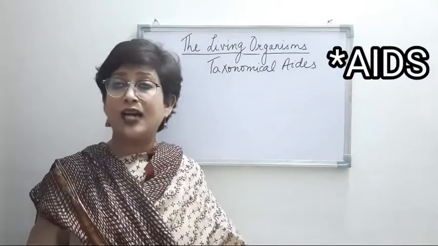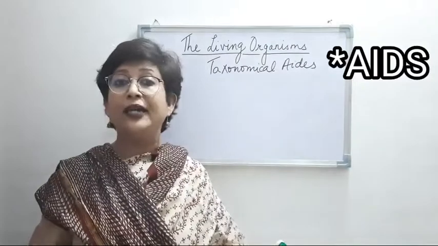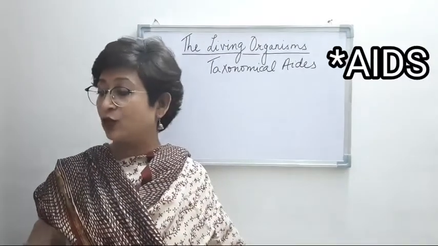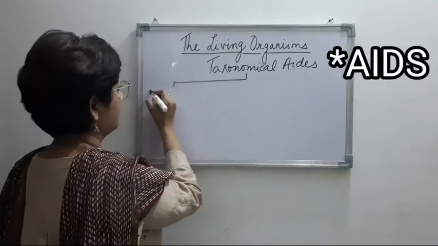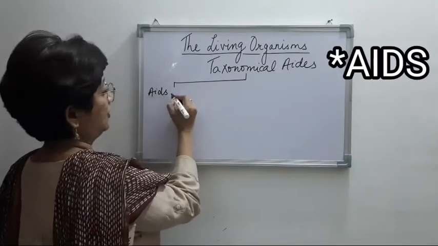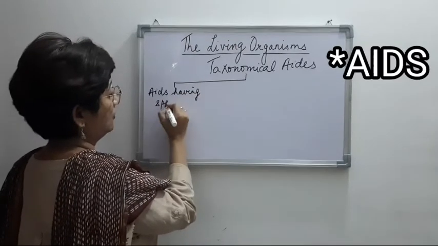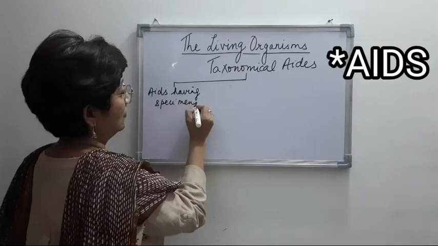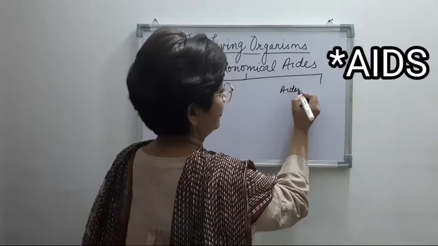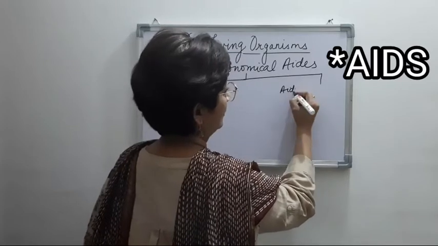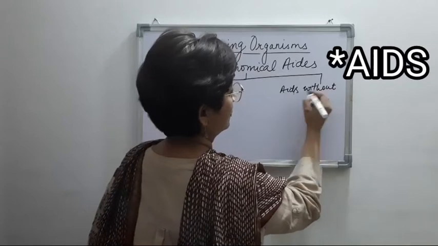These taxonomical aids can be divided into 2 major categories: aids having specimens and aids without specimens.